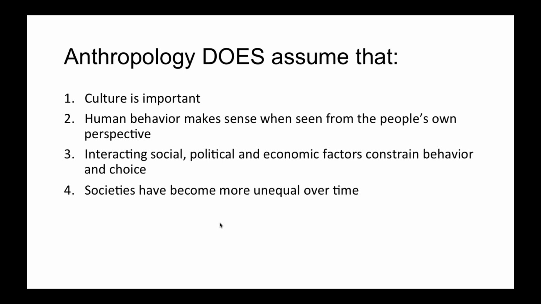So if social stratification is the differential access to strategic resources, we could see, like in the United States today, with greater income inequality, there's always been inequalities in terms of social power. We assume that in anthropology.